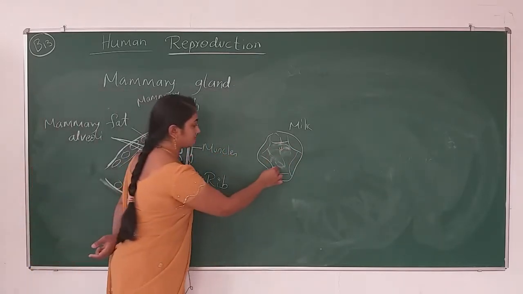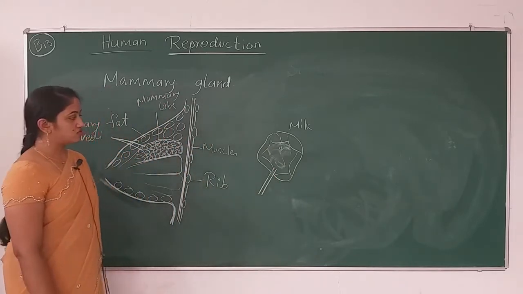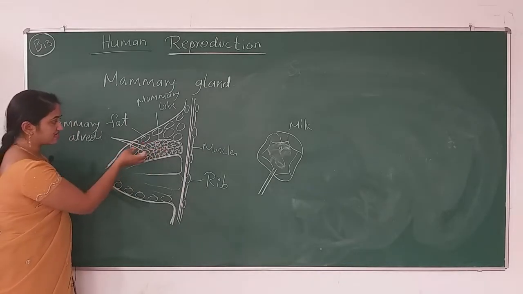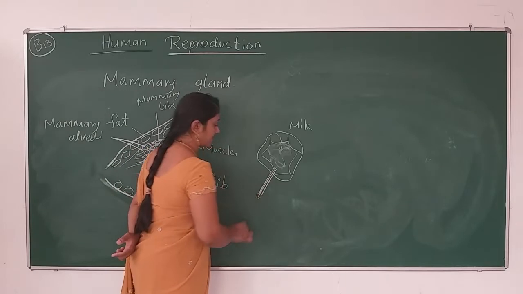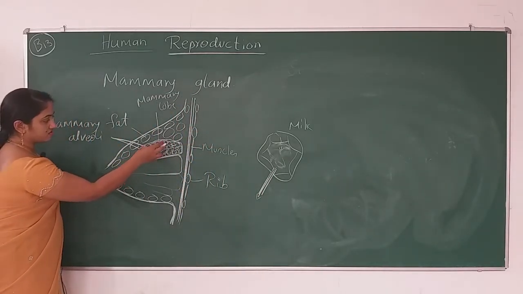From there, each alveolus is connected with a mammary tubule, and through the tubule the milk passes.